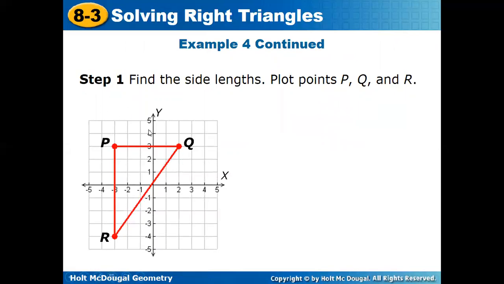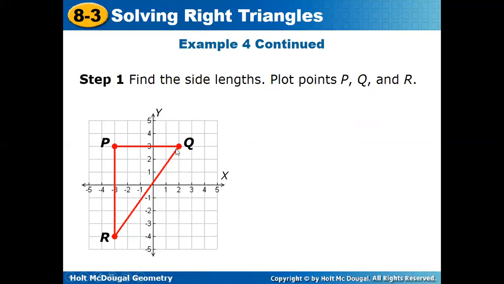We now have a right triangle, because side PQ is parallel to the horizontal axis and side PR is parallel to the vertical axis. So they are perpendicular, and we have a right angle here. Now we can calculate the length of PQ and PR by counting.